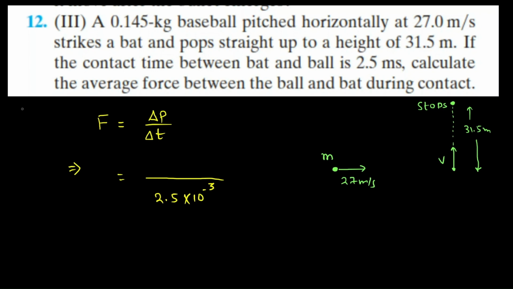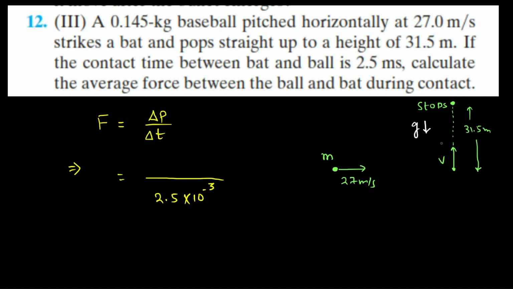Don't you think this is a free fall case? So don't you think there's an acceleration due to gravity here? And it finally stops. So don't you think I can easily find the value of v?